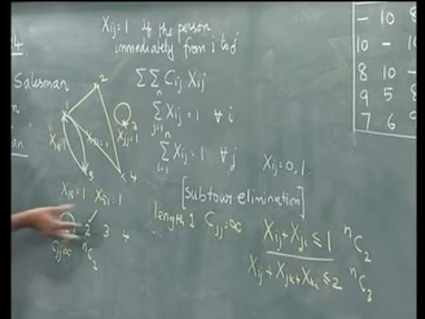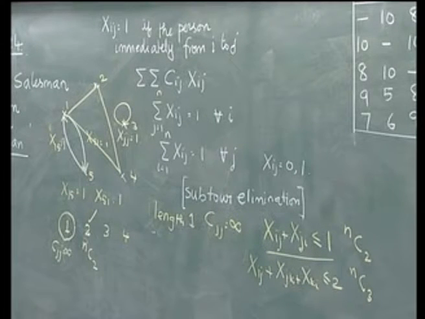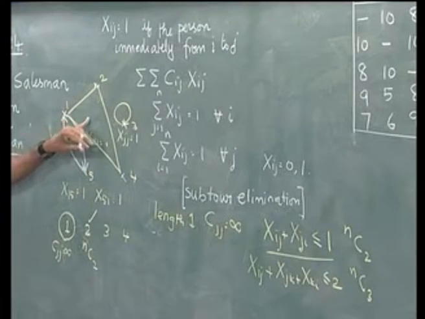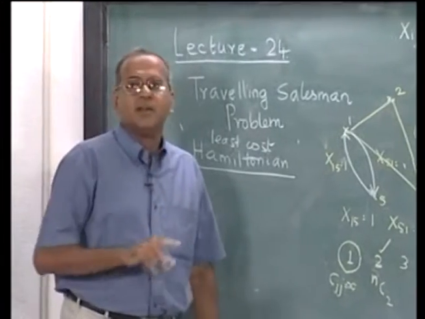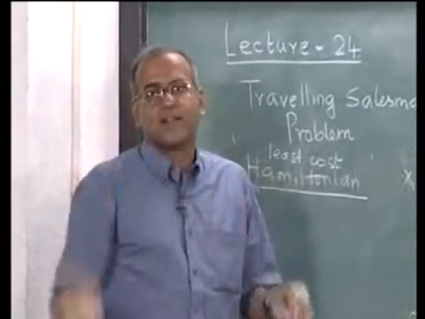Now, how do we eliminate subtours of length 3? If there is a subtour of length 3 and there are 5 cities, there has to be another subtour. You can't have a situation where there is only one subtour. If there is a subtour, then there has to be another subtour.